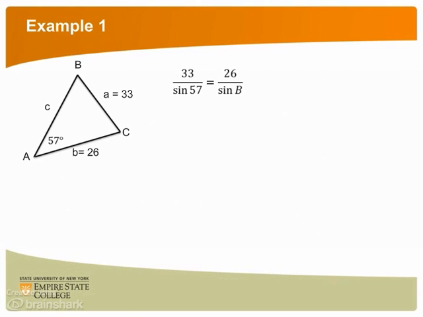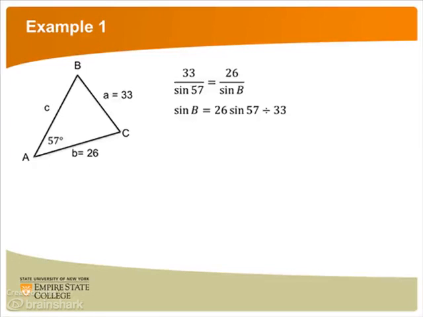We have the angle A and the length of the side opposite, so we will use that as our basis for the ratios. Since we know little b, we will work to find the measure of angle B. So we have 33 over the sine of 57 equal to 26 over the sine of angle B. We cross multiply and divide to solve for the sine of angle B.